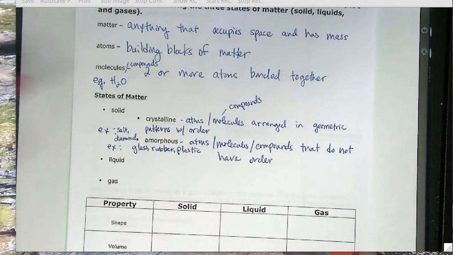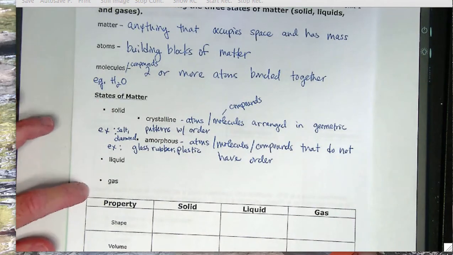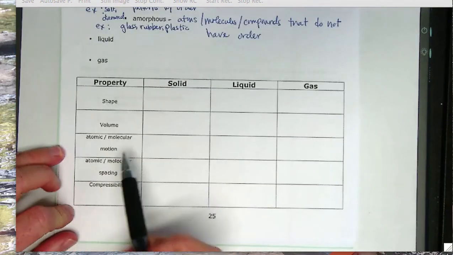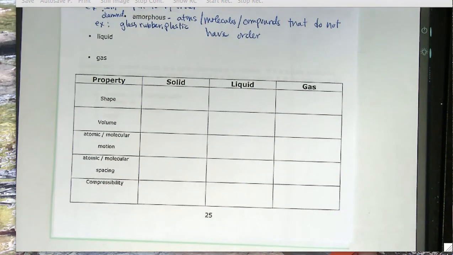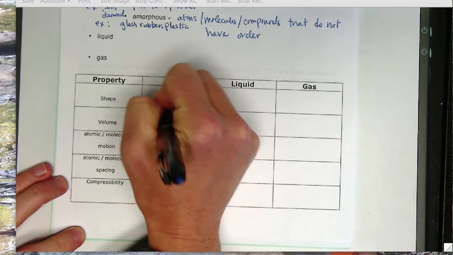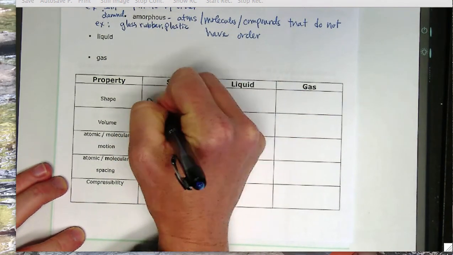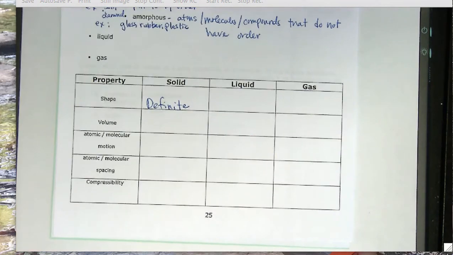Good questions. Okay, so then we have solid, liquid, and gas. We're going to go over the different properties of solids, liquids, and gases. And regardless of which chemistry class you go to, you will see this again. So do solids have shape? Yes, they have definite shape.